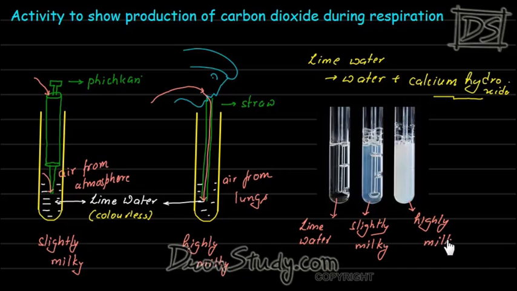Okay, students. So we have conducted this experiment and we have seen that the lime water over here becomes slightly milky when the air from the atmosphere goes into it. And the lime water over here gets much more milky when the air that comes out of our mouth goes into it. So what is being proved from this, students?